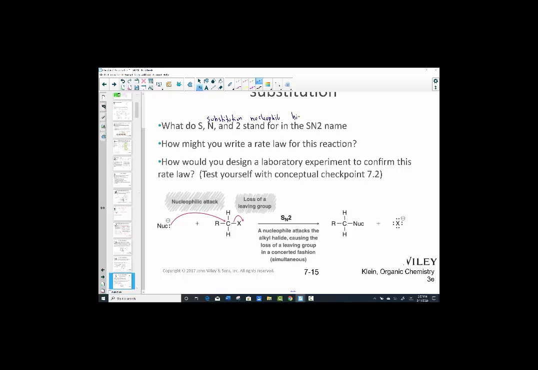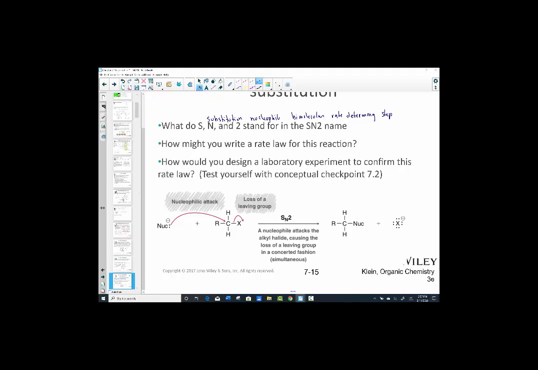And the 2 means that it's a bimolecular rate determining step. The slowest step in the mechanism involves the collision of 2 molecules. Nucleophilic substitution bimolecular. That's what we have to envision SN2 standing for.